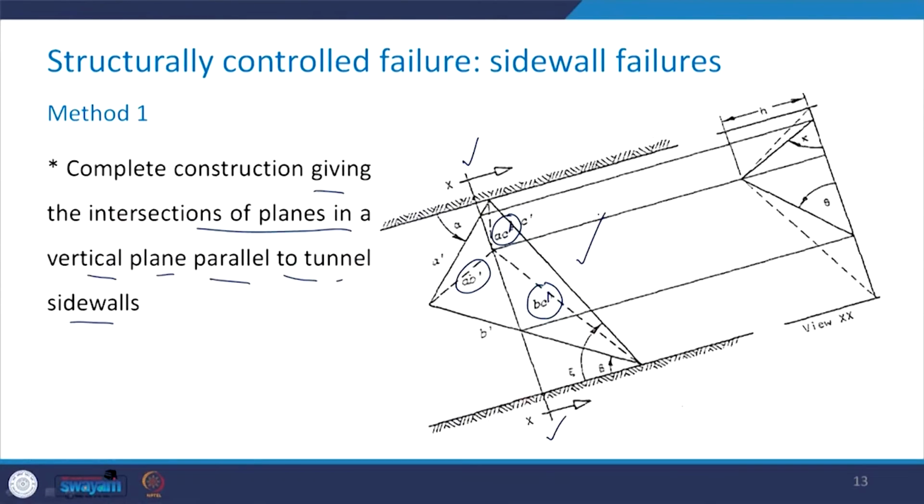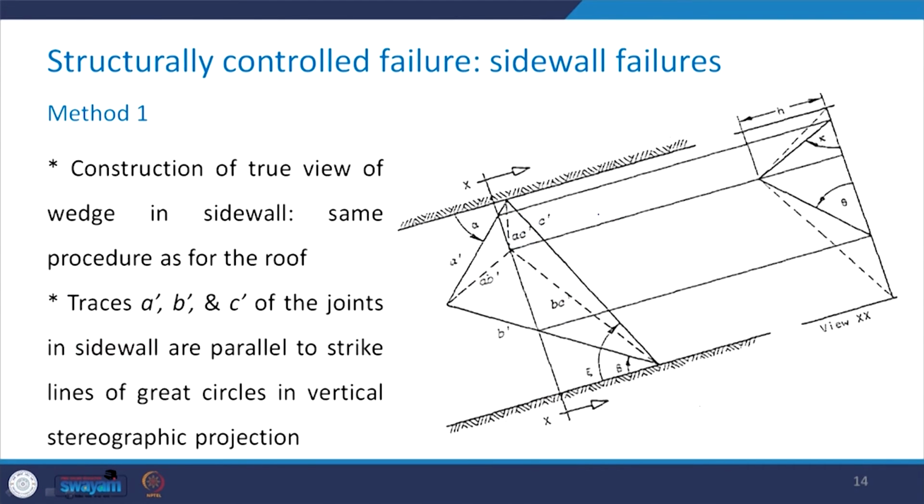Here also we can construct the shape of the wedge in the similar manner. As I mentioned, the construction of the true view of wedge in the side wall is the same procedure as for the roof.